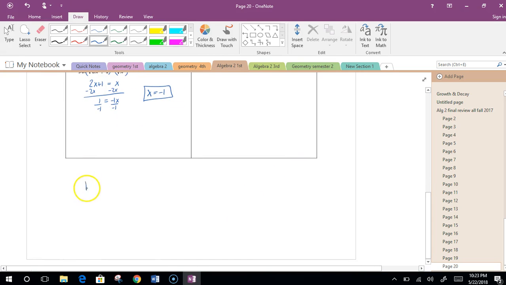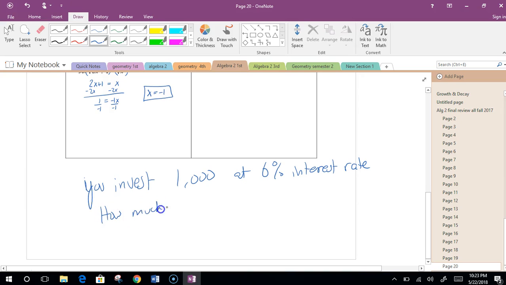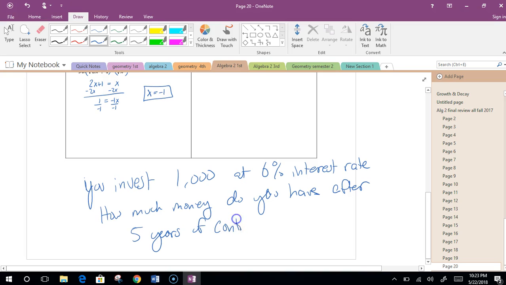So the question we're looking at is, if you invest $1,000 at a 6% interest rate, how much money do you have after 5 years of continuously compounded interest?